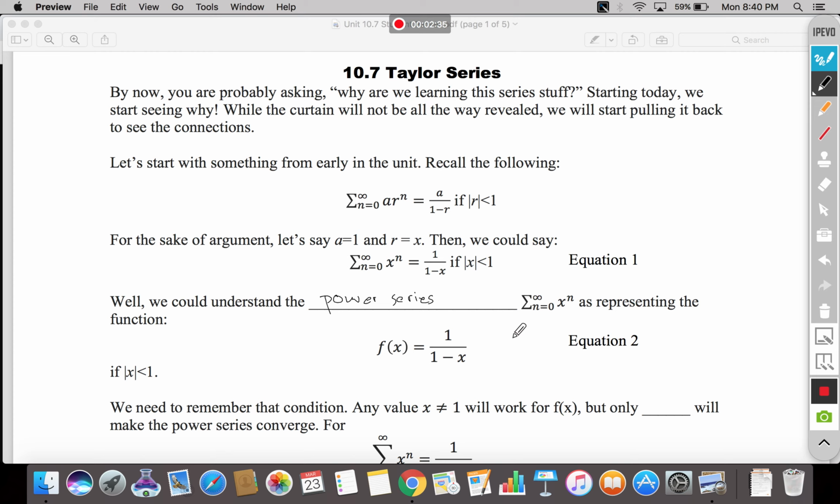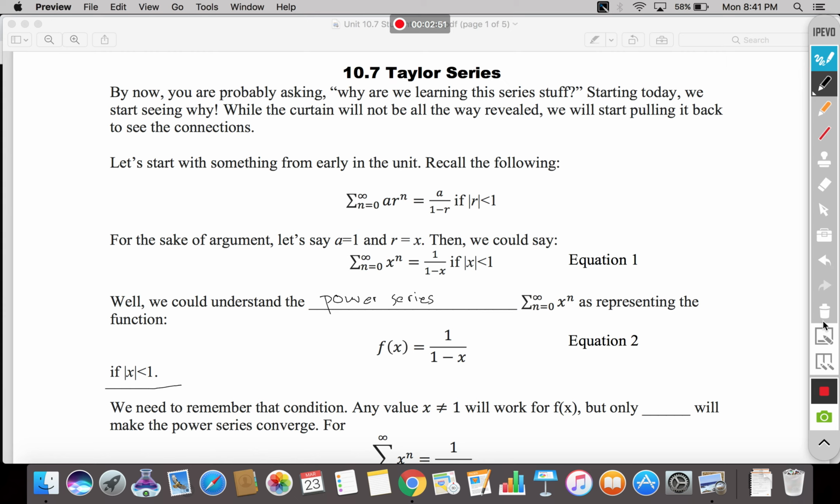So this series actually represents this function if, and that's important, if the absolute value of x is less than 1. So this series approximates this function for specific values of x.